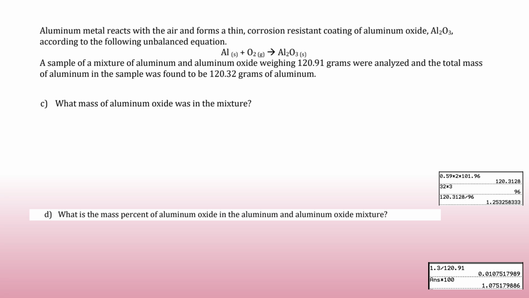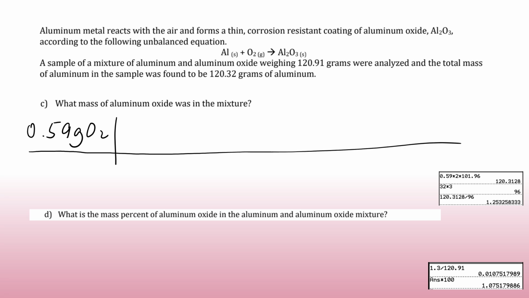Aluminum reacts with the air. Sorry about that. What mass of aluminum oxide was in the mixture? So we're going to take the mass that we had of oxygen, 0.59 grams of O2, and convert that over to aluminum oxide. 1 mole of O2 is 32 grams of O2.